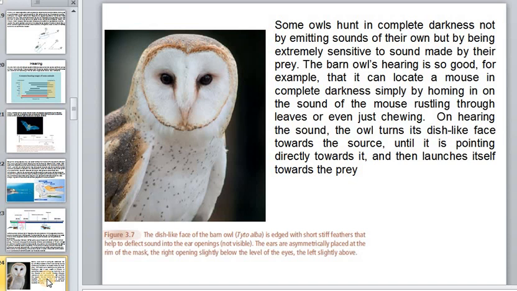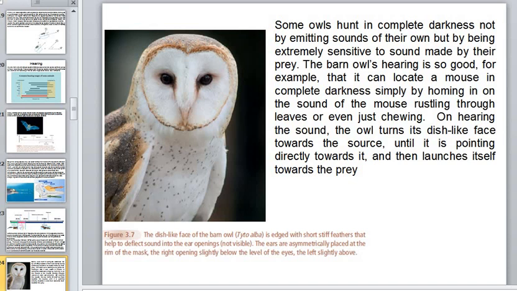Some owls, especially, have specific structures in the head for this, which is very important when it is completely dark. Some owls hunt in complete darkness, not by emitting sounds of their own, but by being extremely sensitive to sounds made by their prey.